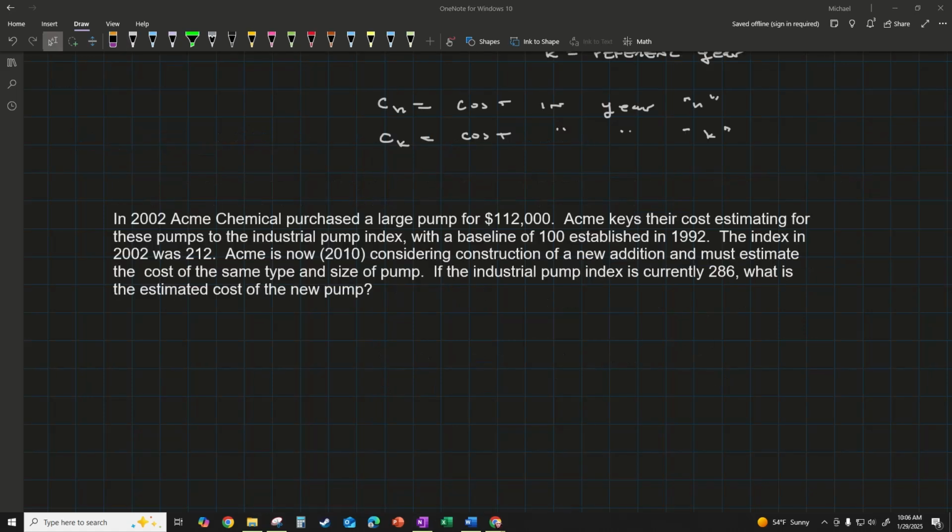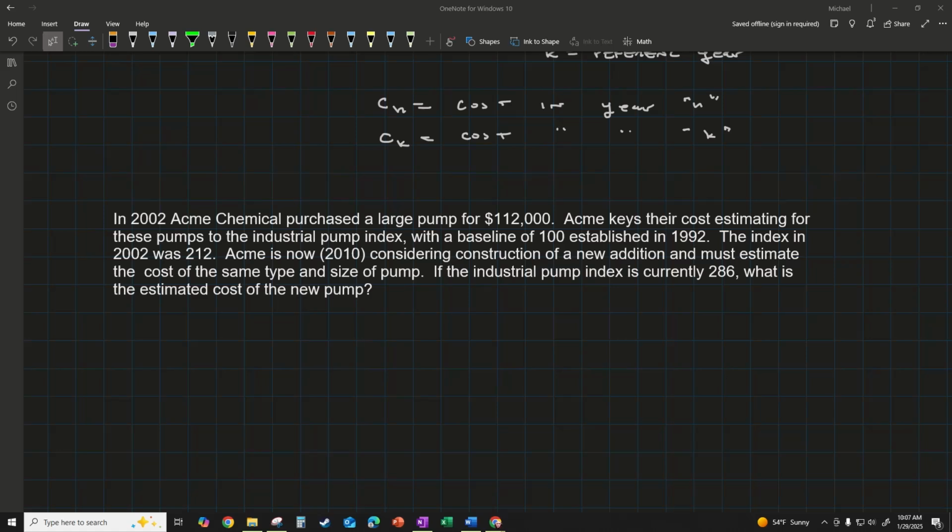For example, suppose a chemical company purchases a large pump for $112,000, and this company keys their cost estimating for these pumps to the Industrial Pump Index, which has a baseline of 100 established in 1992.